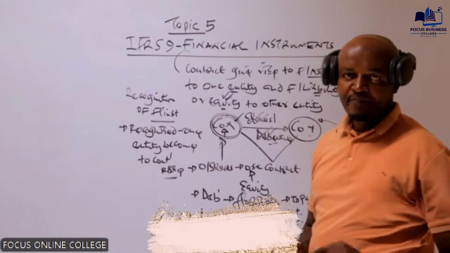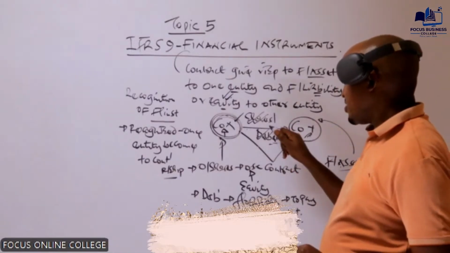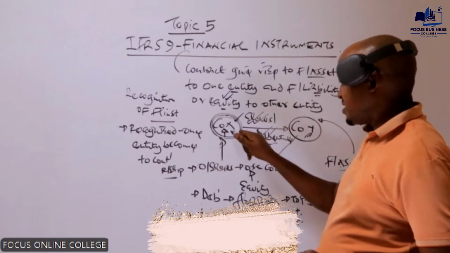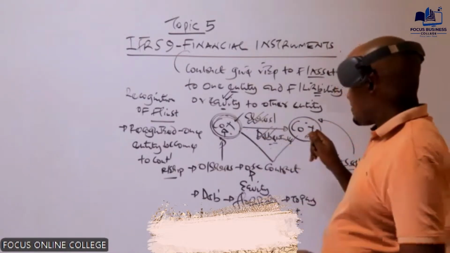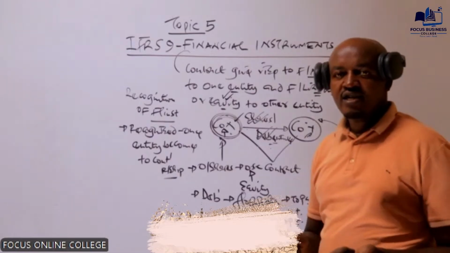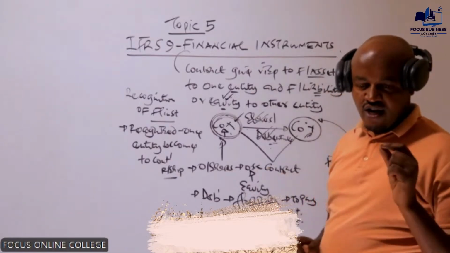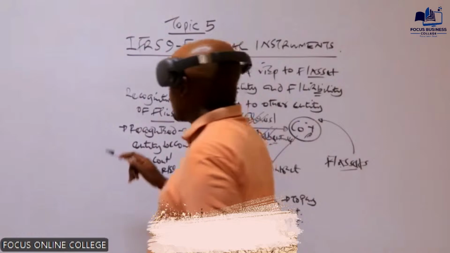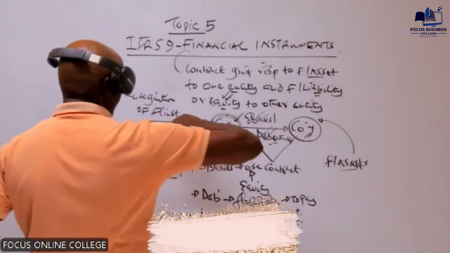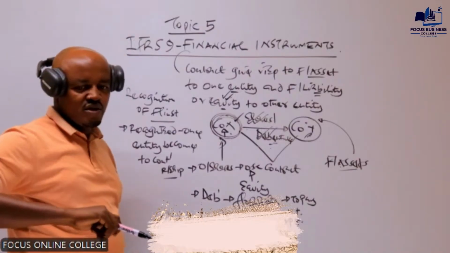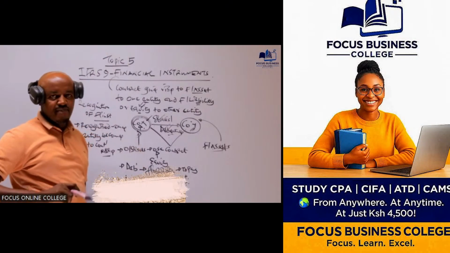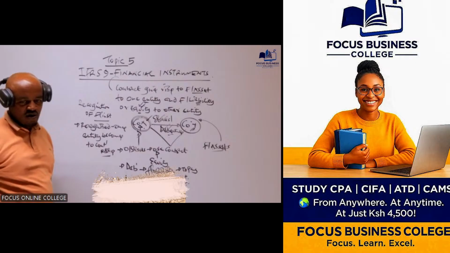The same case: once this company purchases the shares or debentures issued by this company, even if this company has not paid for those shares or debentures, this company should go ahead and recognize that in its books of account as a financial asset. So therefore, according to IFRS, any financial instrument should be recognized in the company's books of account whenever an entity becomes a party to the contractual relationship.